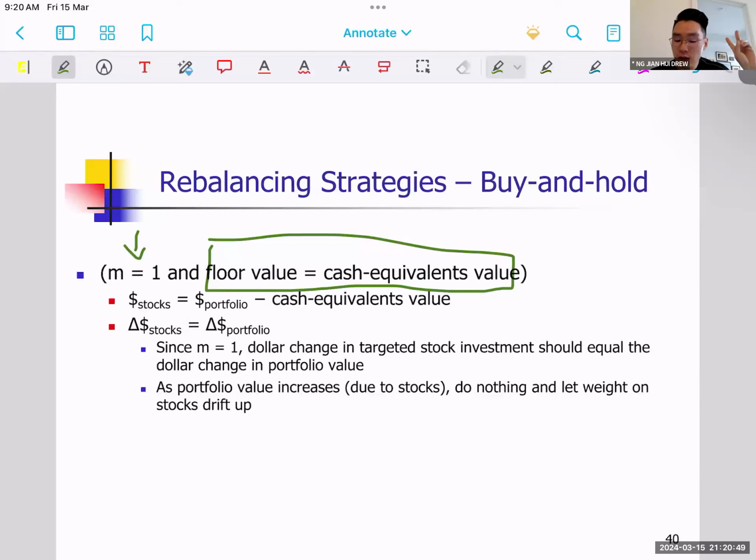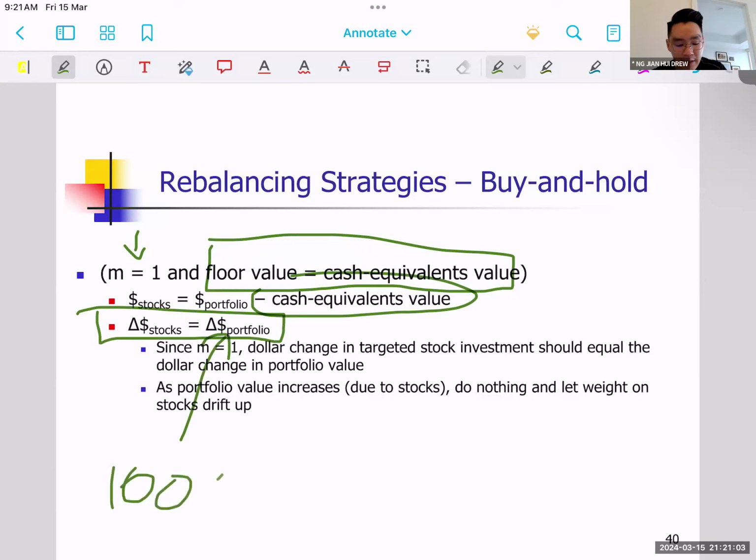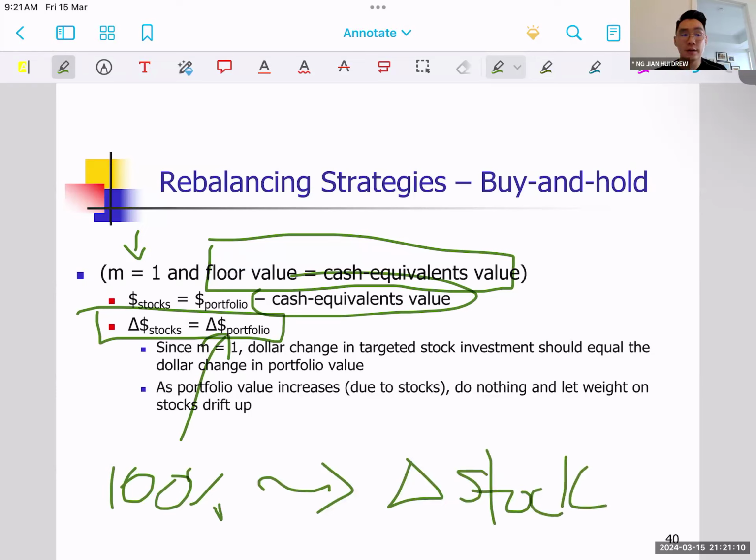Risk-free is contributing the floor, which means that the portfolio change is 100% due to the change in stock. And in this whole buy and hold strategy, your M becomes 1. So M here is equal to 1.